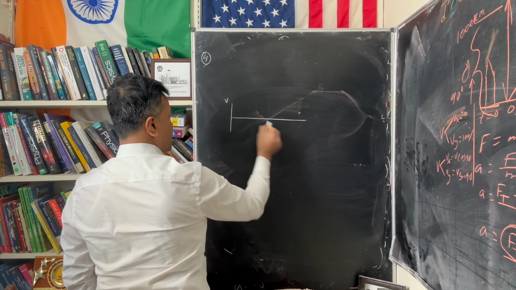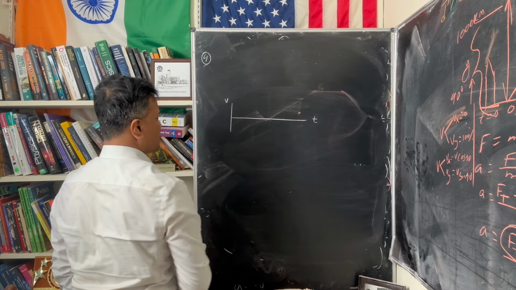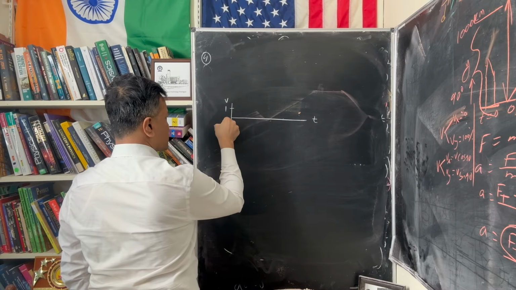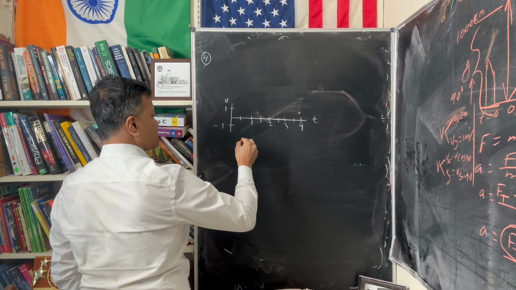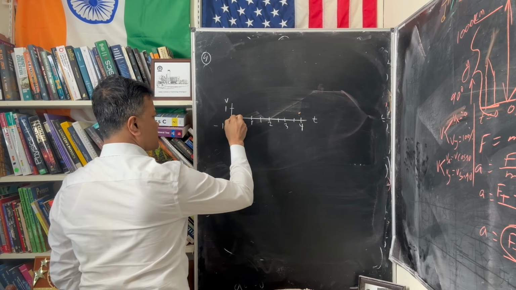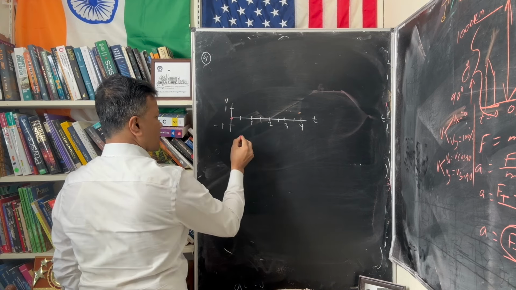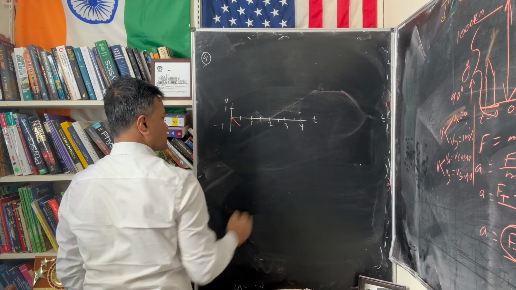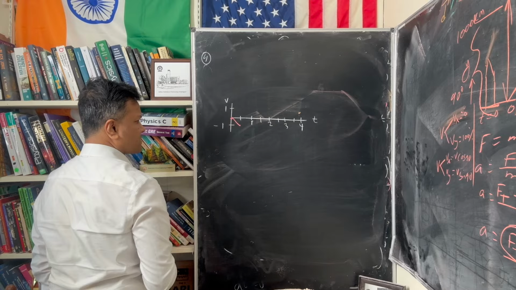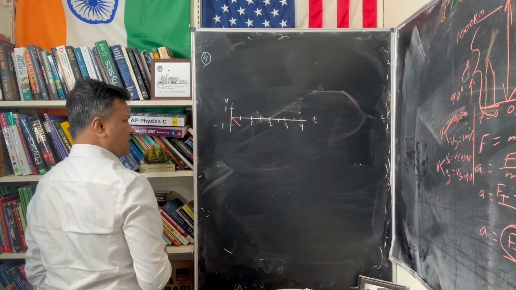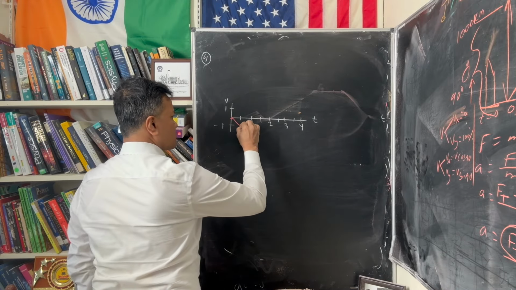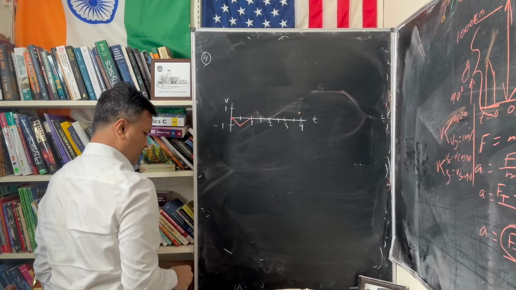I gave you a velocity versus time graph from 1 meter per second to negative 1 meter per second, with constant acceleration from 0 second to 0.5 second. It moves with constant acceleration from 0.5 second to 1 second.